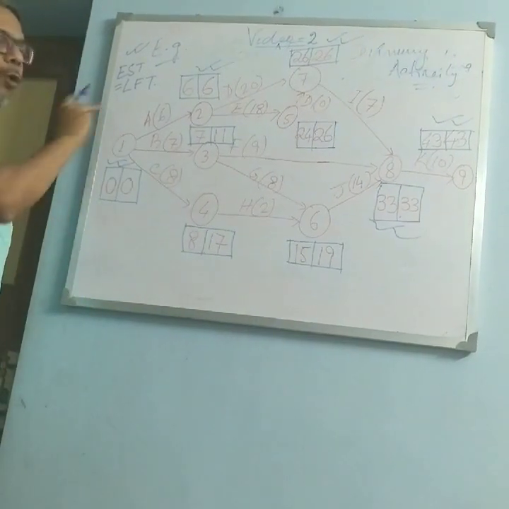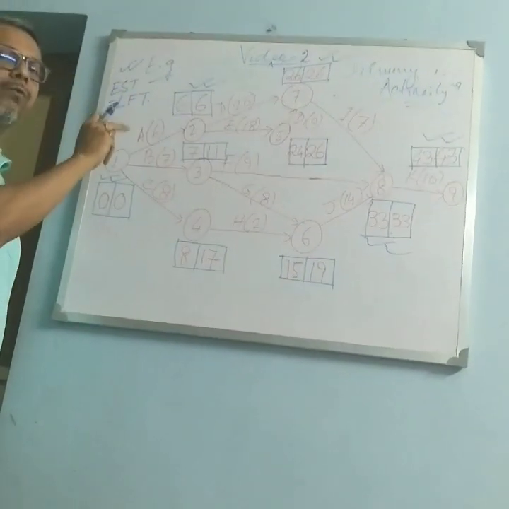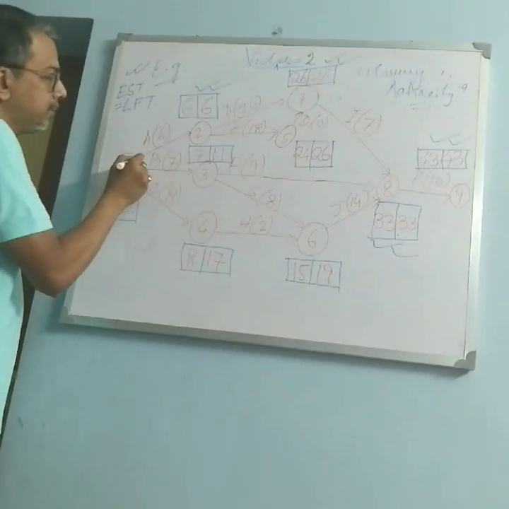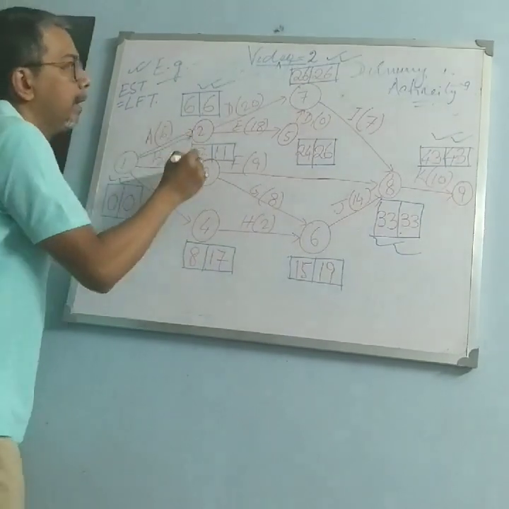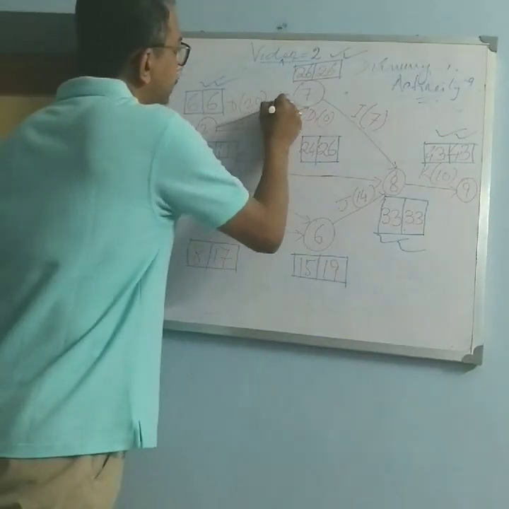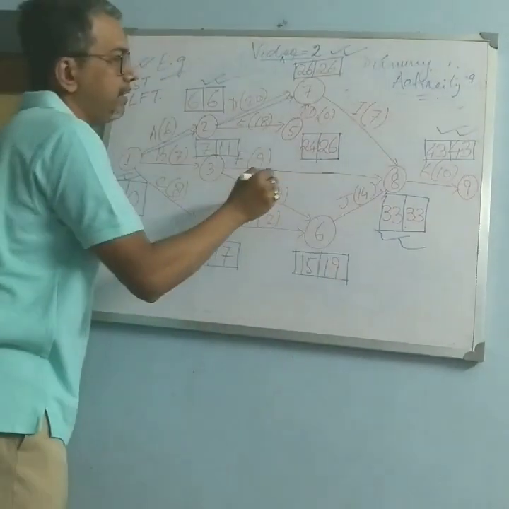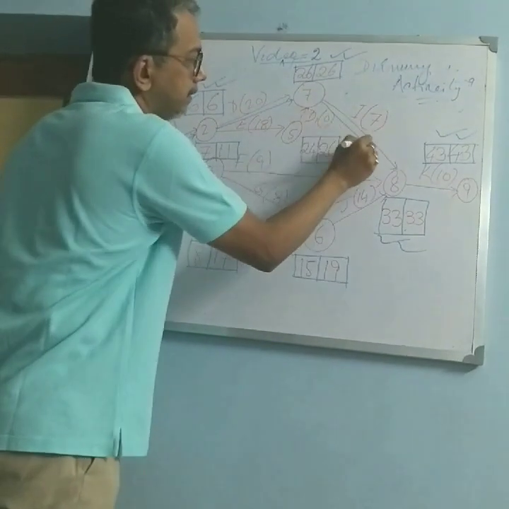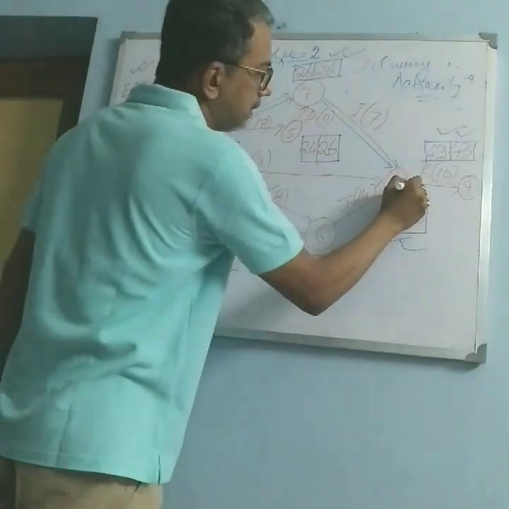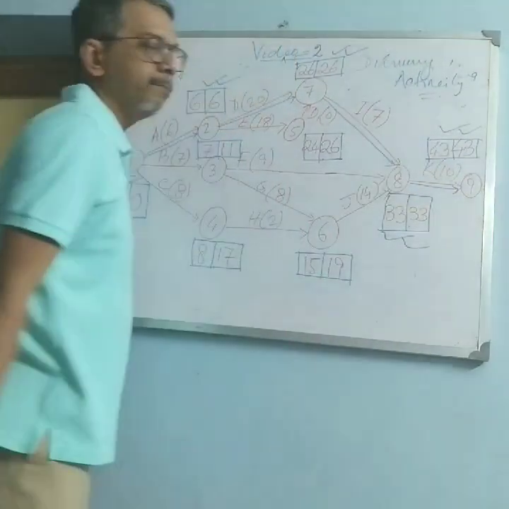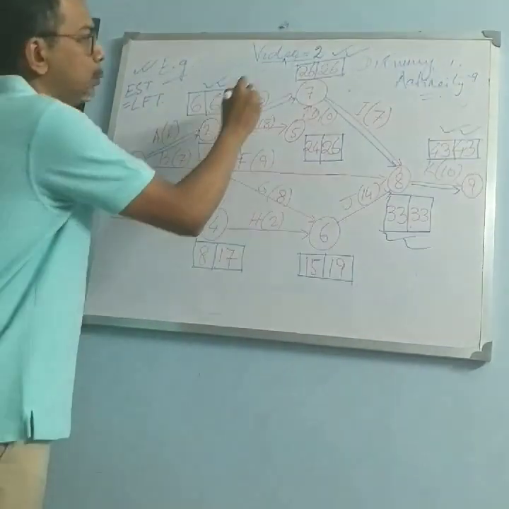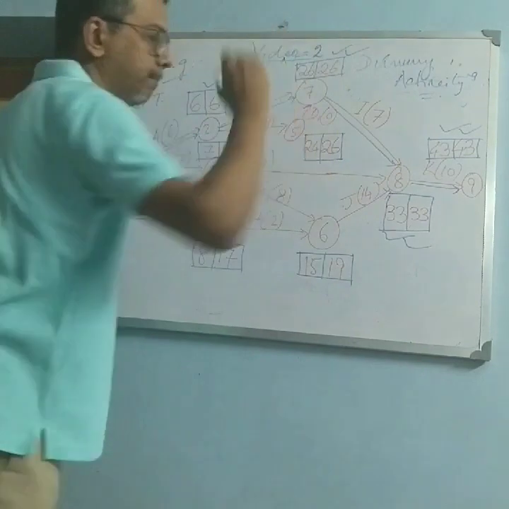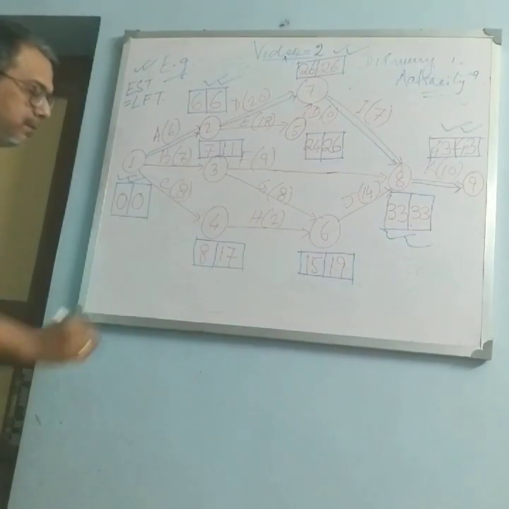Now join all these nodes with another line. So 1, 2, then 2, 7, then 7, 8, then 8, 9. Now this 1, 2, 7, 8, 9 is the critical path.